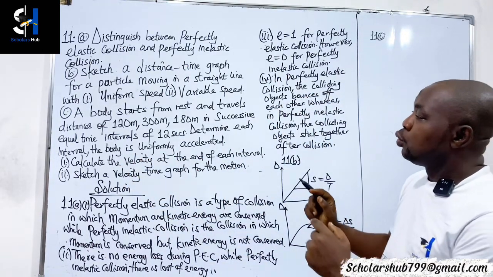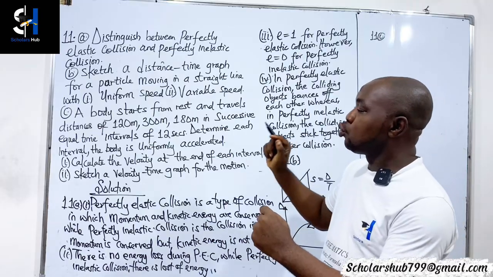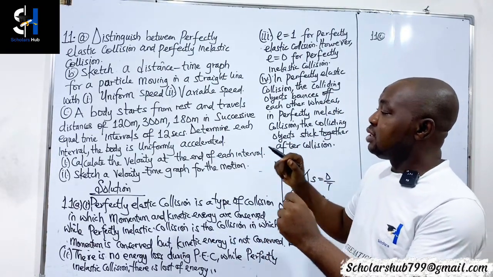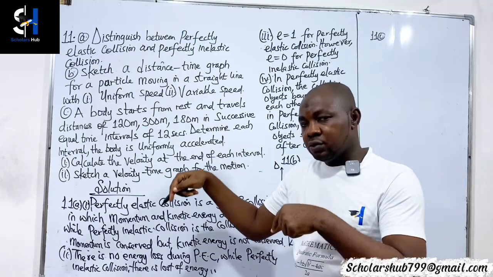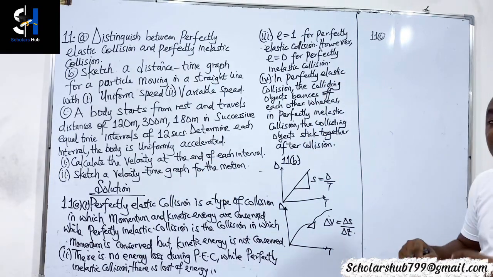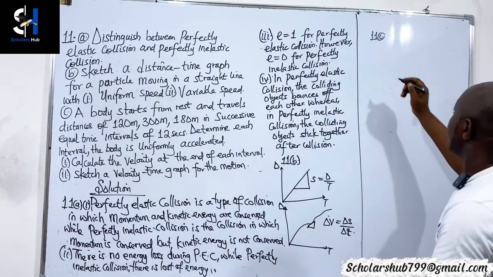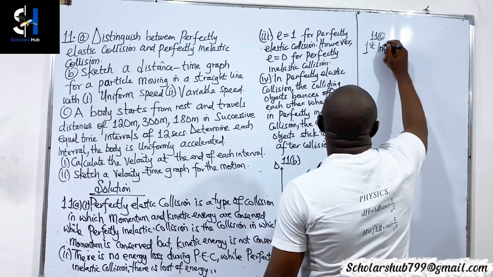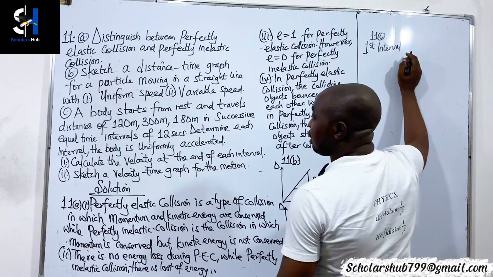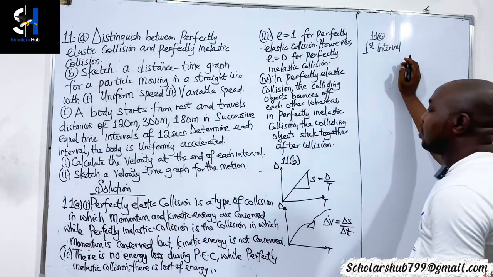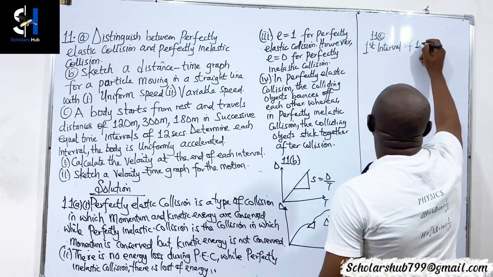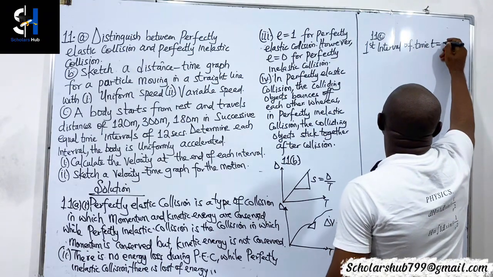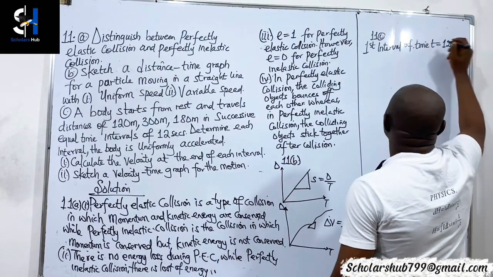So now, during the first interval of 12 seconds, the initial velocity will be zero. So let's talk about the first interval, time t equals 12 seconds.